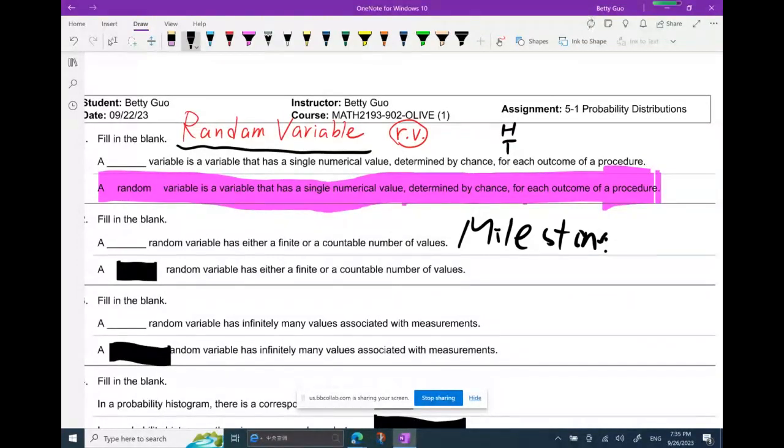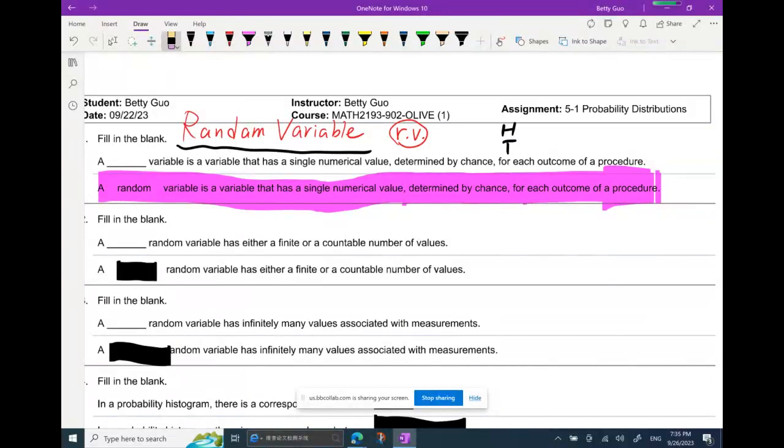Because of random variable, we are able to use real analysis to study probability. And it opens a window to a bigger world after that. It's very important. So random variable is used to numeralize the outcomes of a procedure.